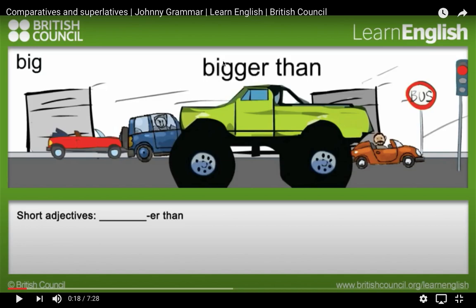In case we have a vowel letter in the middle, we have to double the last letter before putting in an er. Please note this rule. Short adjective big, we add another g and an er to make the comparative form.